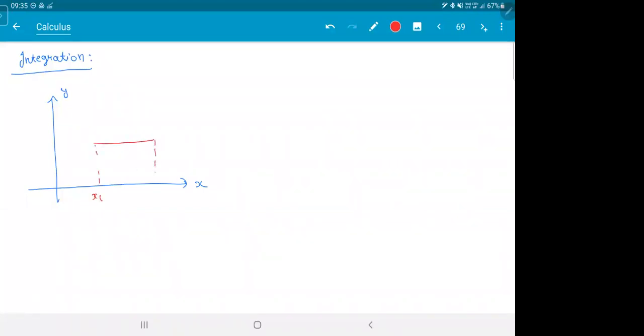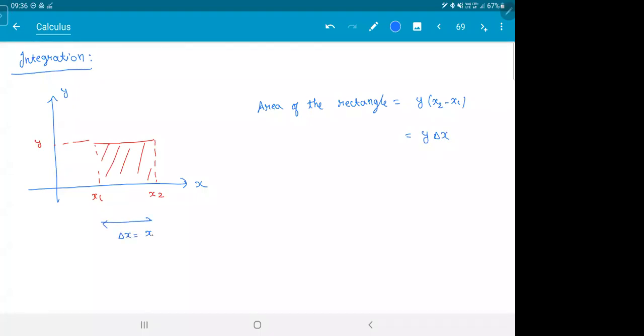This is x1, this is x2, and this height is y. If someone asks you what is the area of the rectangle? It is breadth into height, that is y into x2 minus x1, which we can also call y delta x. Fair enough. So if you want to find the area of a rectangle, take the height, take the breadth, and finish it up.